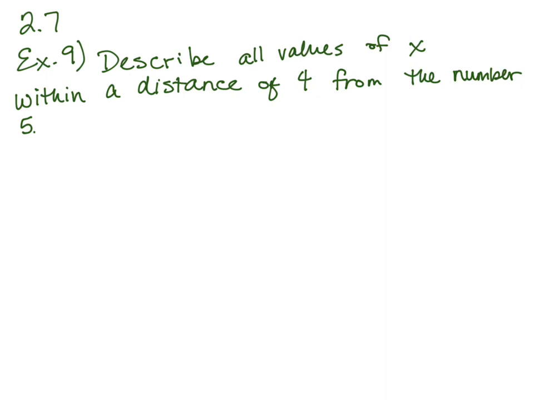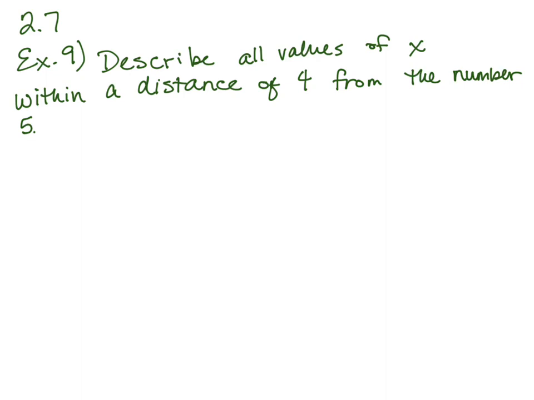So how did you figure that out? You just mathed it? Subtracted what? 4 from 5. So you have 5 and you say, hey, my absolute value from the number 5 needs to be 4, right? But it doesn't matter if I'm 4 above 5 or 4 below 5.